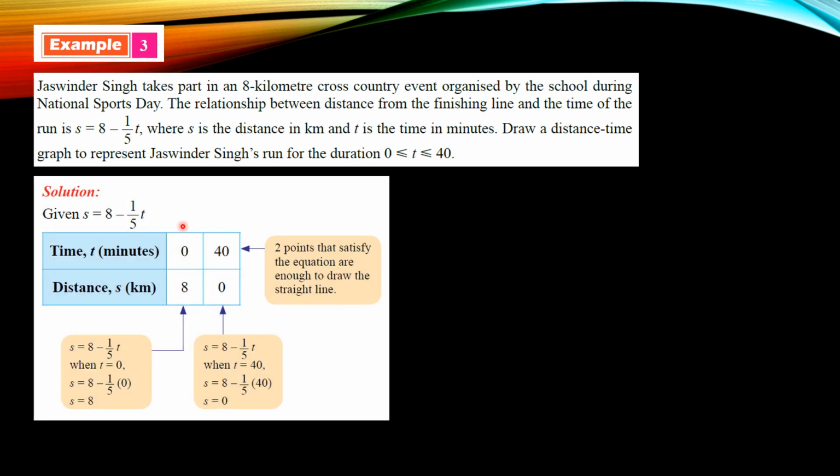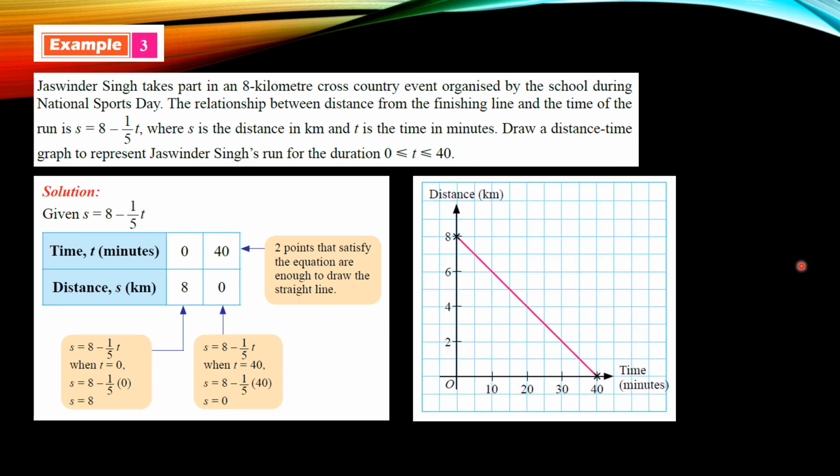When t equals 0, you substitute into 8 minus 1 over 5t, so you get S equals 8. Then the range is until 40. Substitute t equals 40: 8 minus 1 over 5 times 40. So you get 0. Then you draw the graph.